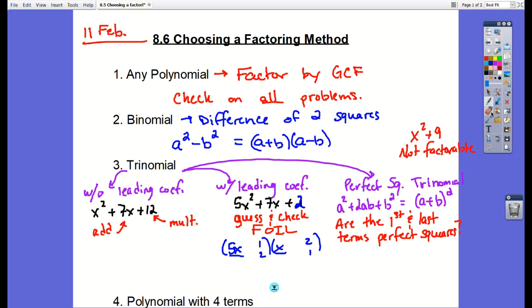And then we simply check the O and I parts in FOIL, and if we do that, we should find that we're going to end up here with a 1 and a 2 with both positive, because if we check, we're going to get a 5x plus 2x equals 7x, and that works, right? That's our guess and check method.